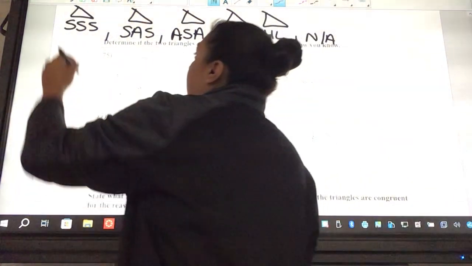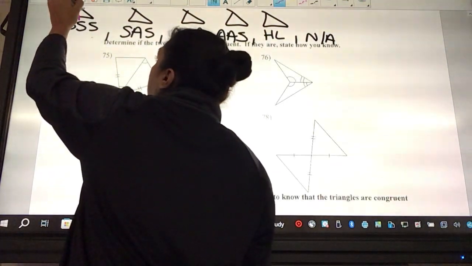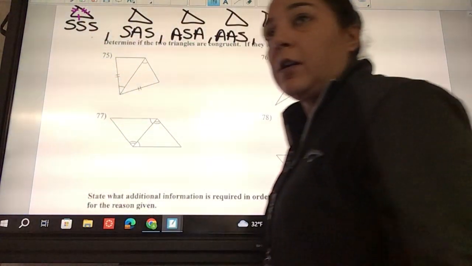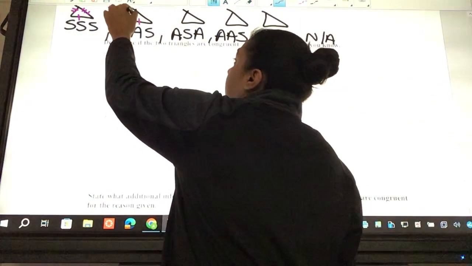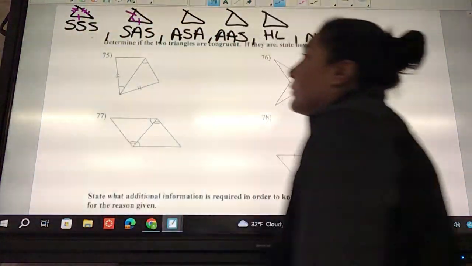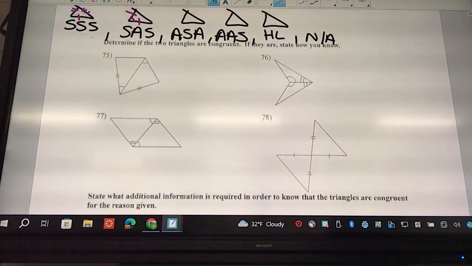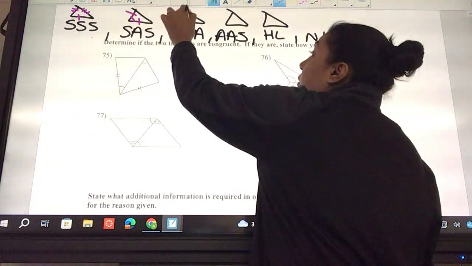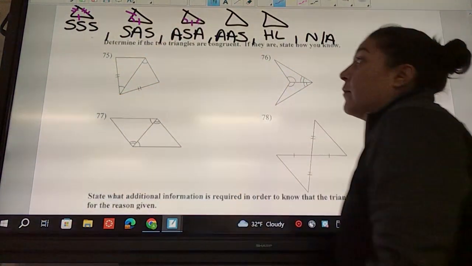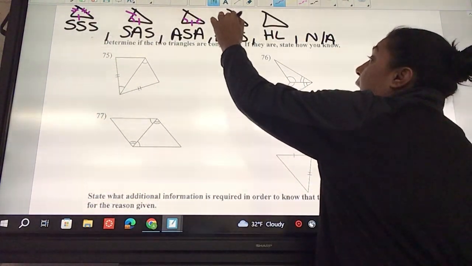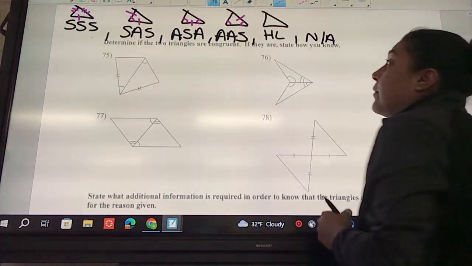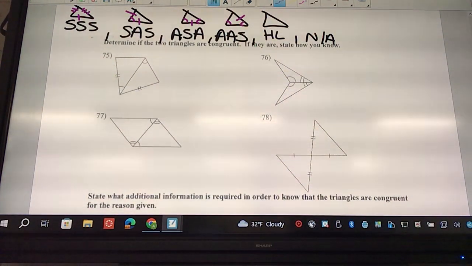Okay, side, side, side is going to look like when all the sides are marked. Side, angle, side is going to be a side, an angle, and a side. Angle, side, angle is going to look like angle, side, angle. Angle, angle, side is going to look like angle, angle, side. And then HL is going to be what?